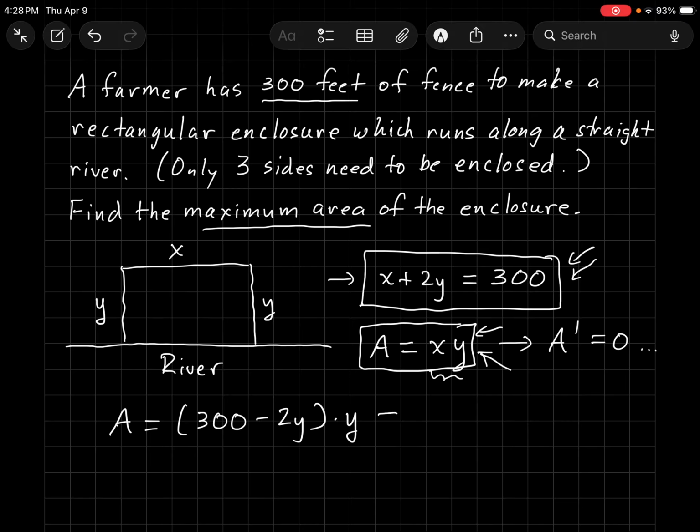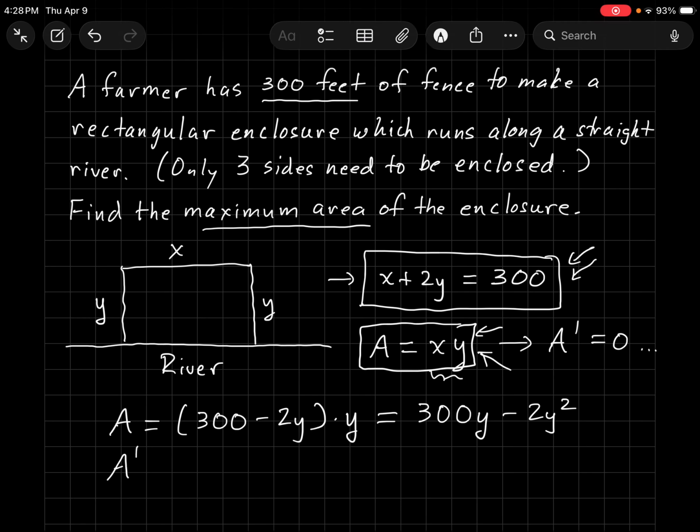We want to take the derivative, but I'm going to multiply this out first to make my derivative a little bit easier to do. That is, I'd prefer not to do a product rule if I could. And we find that the area enclosed by this rectangular enclosure is given by 300y minus 2y squared. We want to maximize this.